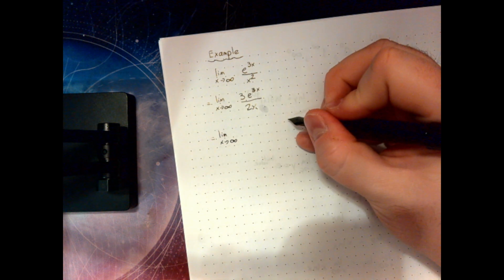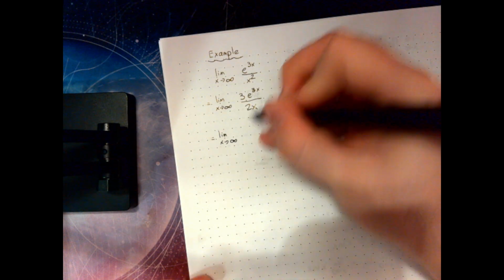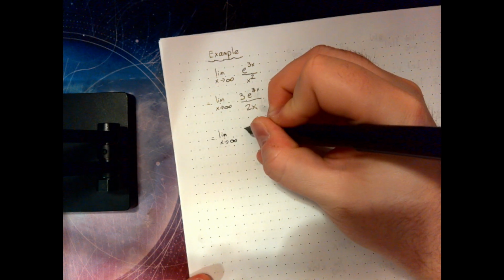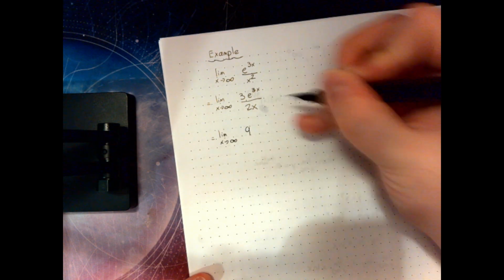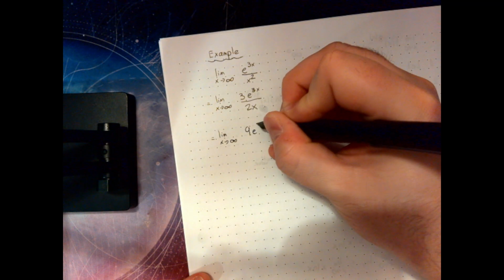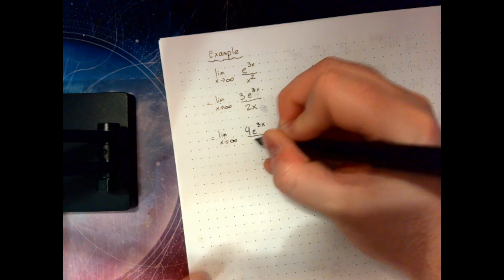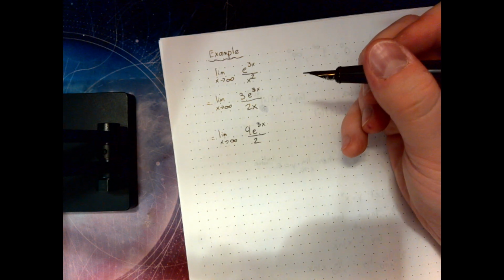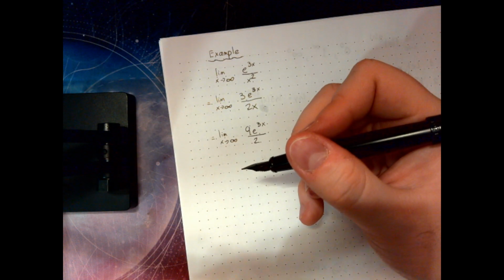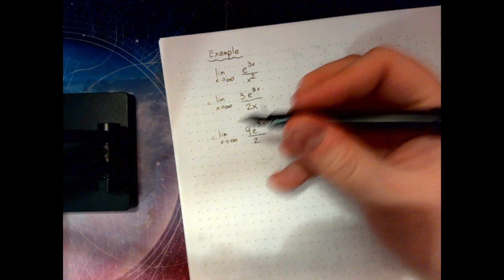So I get the limit as x approaches infinity of, again, applying the same thing, 3 times the derivative of this, so in total 3 times 3 is equal to 9, and e to the 3x over, now it's just 2. Right? I don't have a variable in the denominator anymore, so now direct substitution becomes a valid choice.